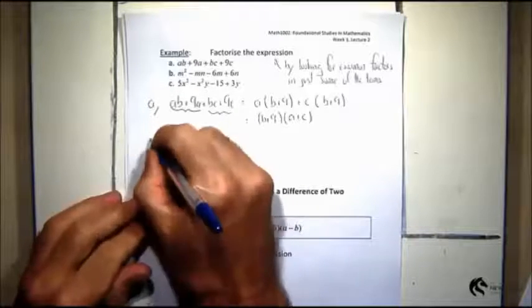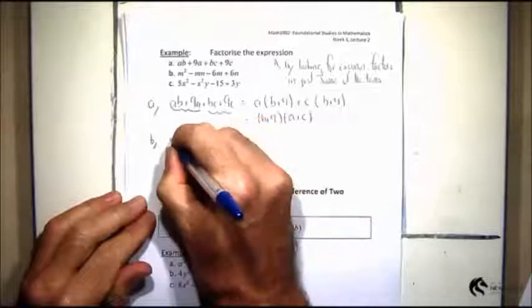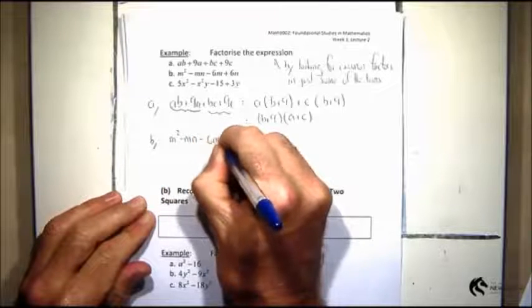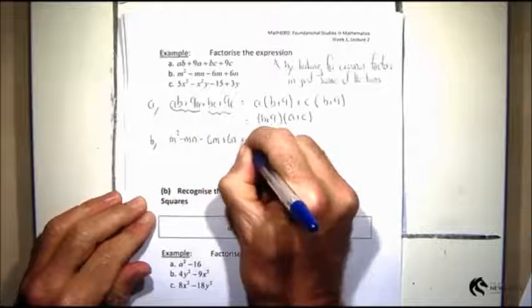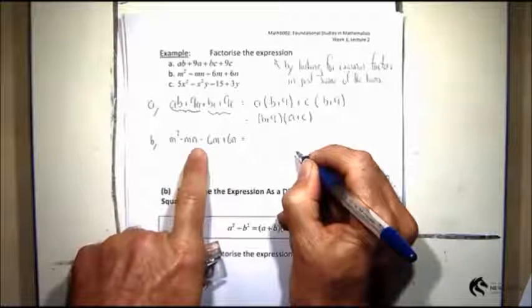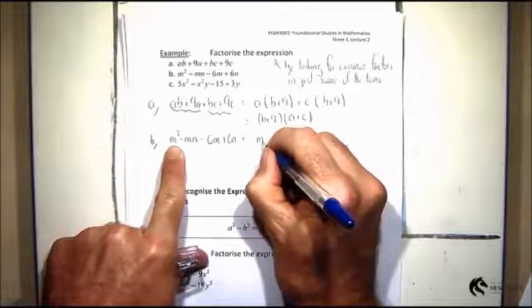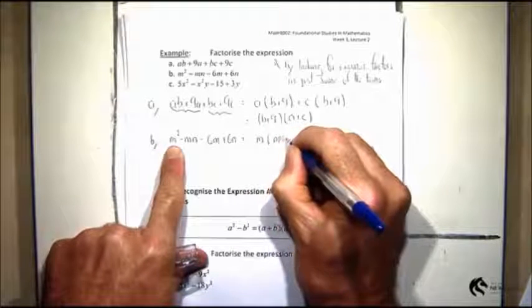Let's try B. So, first 2 terms have an m in common. And that leaves me with an m minus n.